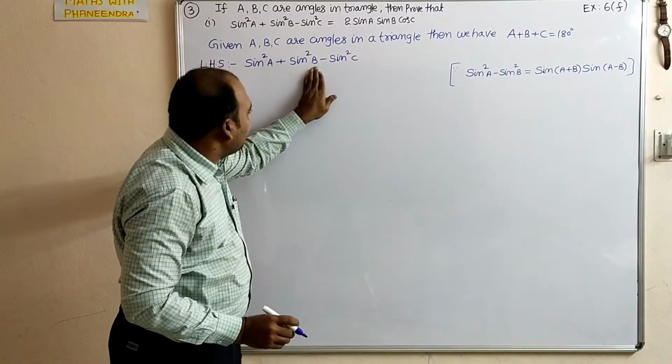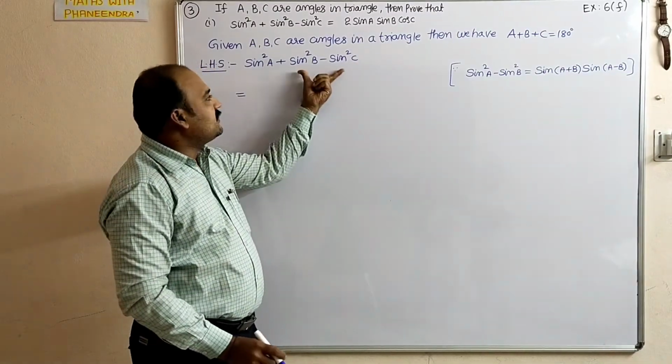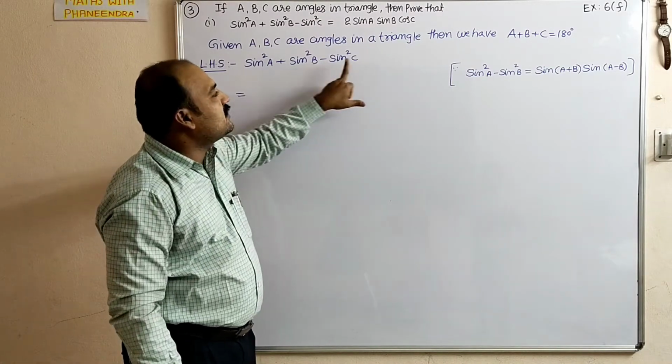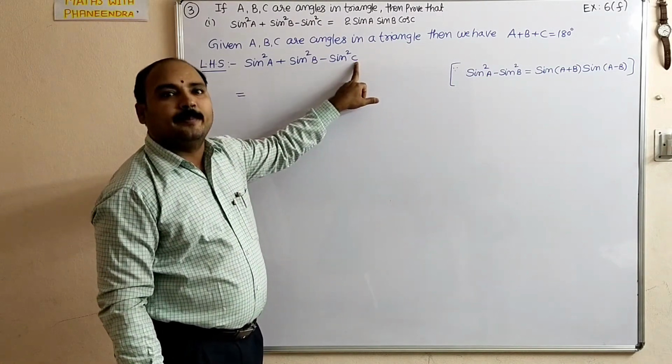Observe that the second term and the third term are in the form of sin square A minus sin square B. In place of A, B is there. In place of B, C is there.